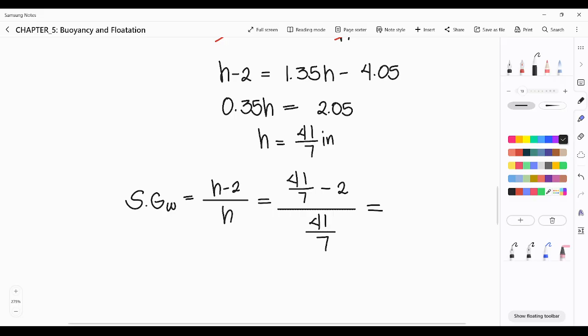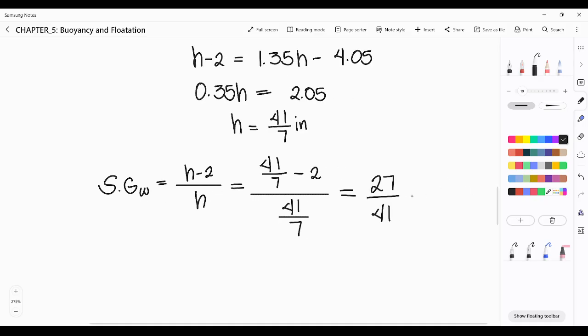If you type that in your calculator, you will end up with the answer 27 over 41, or in decimal form, let's just use 4 decimal places, 0.6585.